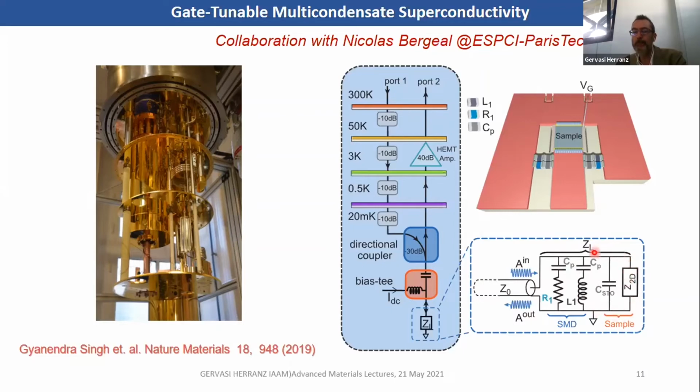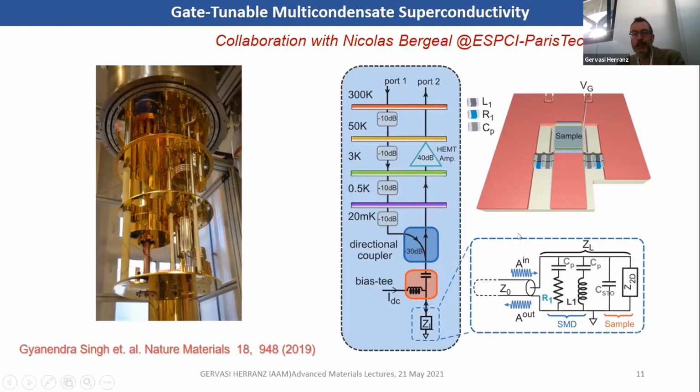And when the quantum well oxide enters into the superconductive regime, there is a shift of this resonant frequency, and this gives us an idea about how the superconductivity evolves with the applied voltages.